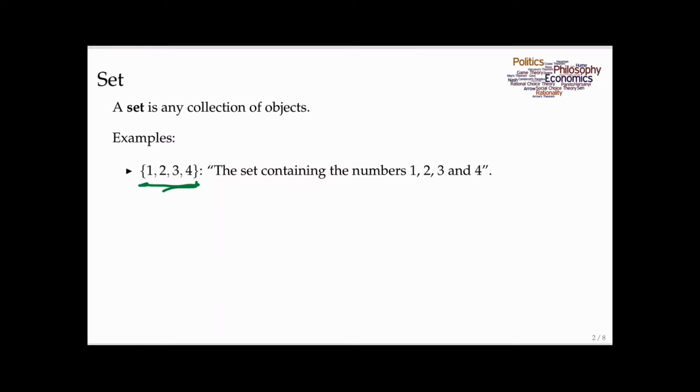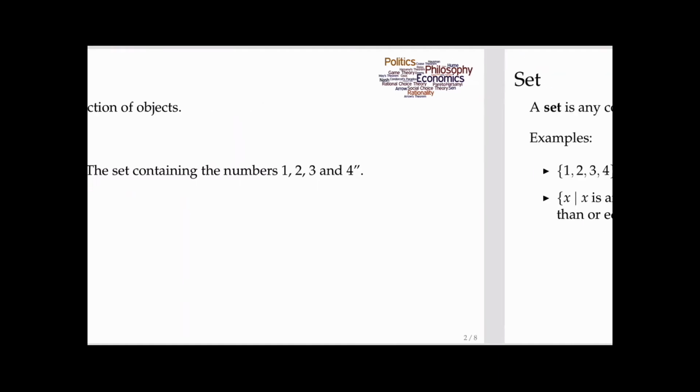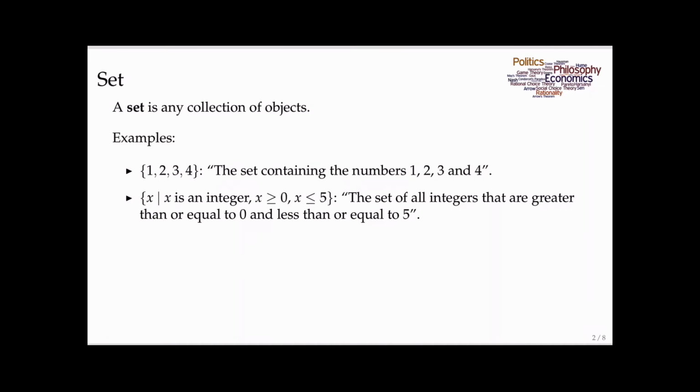Now we have another way to denote a set besides just listing all the elements. Namely, you can write down a property that all the elements in the set have. So for example, we still use these curly braces. So here we have the left and right curly brace that signals that what goes inside is the set of objects. So this says the set of all x, and then this line here means such that.